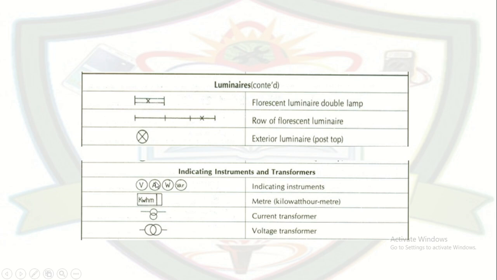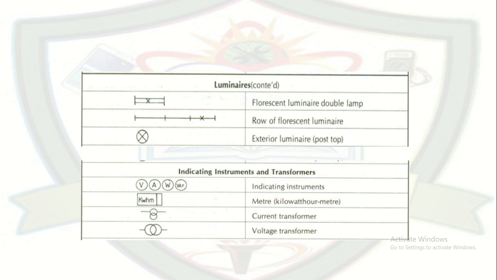You can measure current. This is wattmeter. We can measure power with this instrument. And this is var. We can measure apparent power. Kilowatt hour meter, this is it. This one is current transformer. This one is voltage transformer.